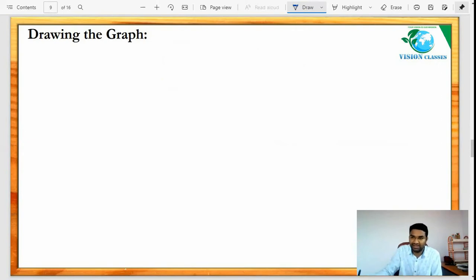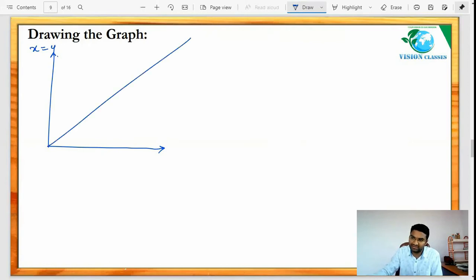Okay, so the first one is the x is equal to y graph. Fine, x is equal to y means it passes through the origin. Then next, x is equal to constant.